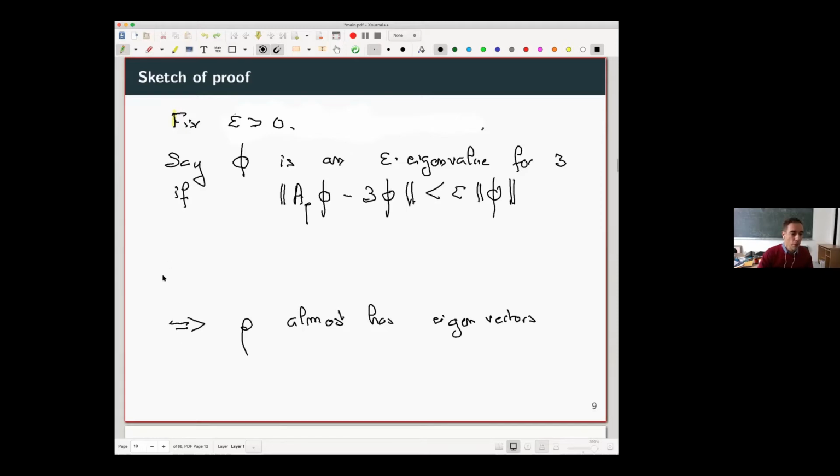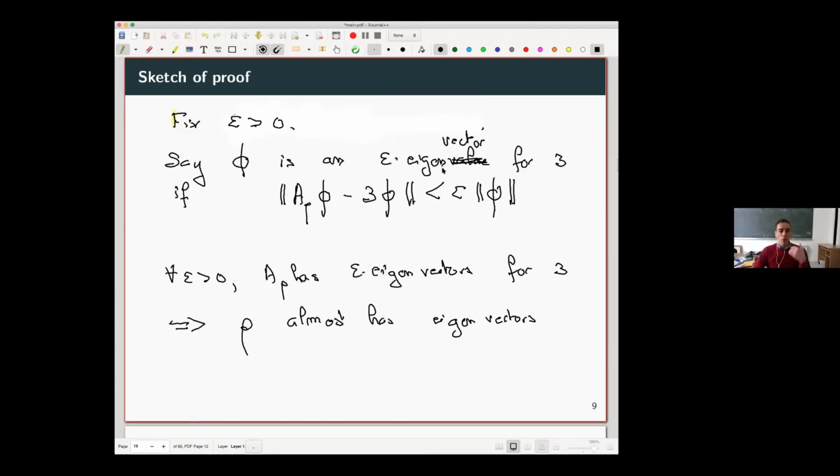So if you assume that for every epsilon, A rho has epsilon eigenvectors for the eigenvalue 3, by the way, here it is not value, it's vector.